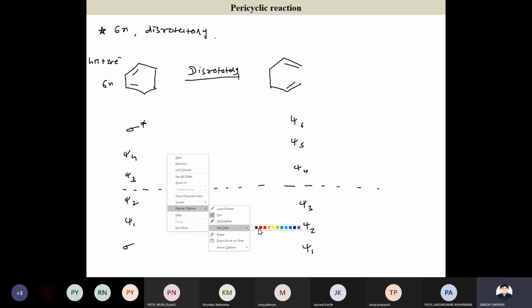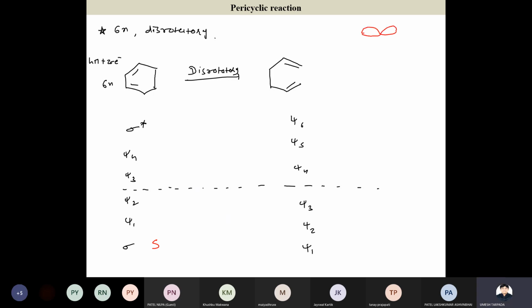Remember sigma: whether it is C2 axis or mirror plane, both are symmetric. Whether it is mirror plane or C2 axis, both are symmetric. Sigma star is always asymmetric.